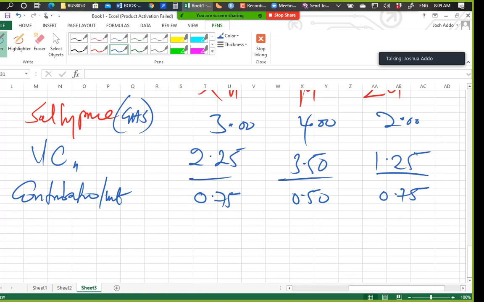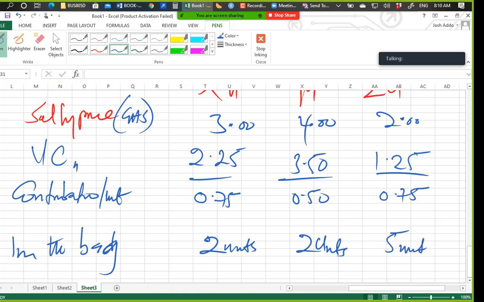Now inside the bag, or the package, we have 2 units of zoo, 2 units of U, and 5 units of zoo.